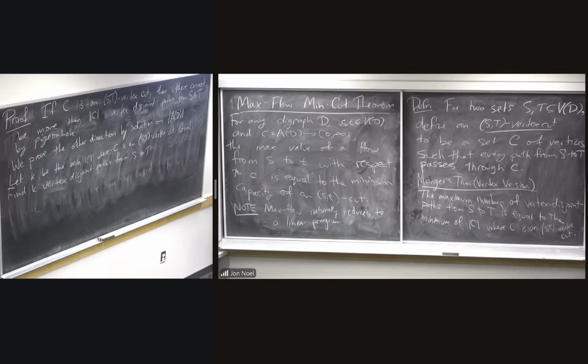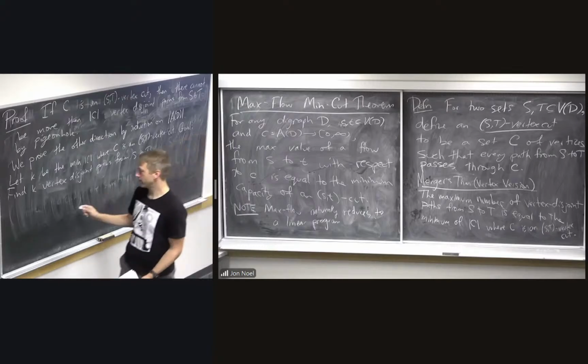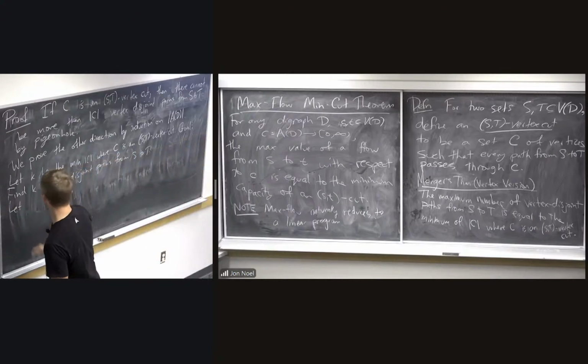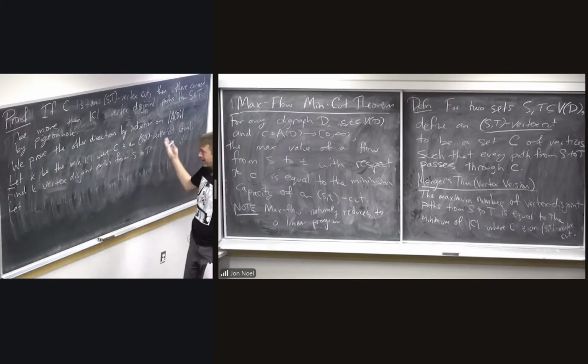So we're going to start by just trying to use induction somehow. We take an arc of this digraph, throw it away, and see if we can find the paths now. I'm not doing the base case of the induction, but the base case is there are no arcs, and then everything is trivial. So we can assume there's some arc somewhere.